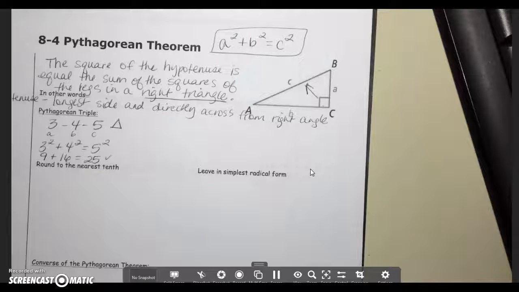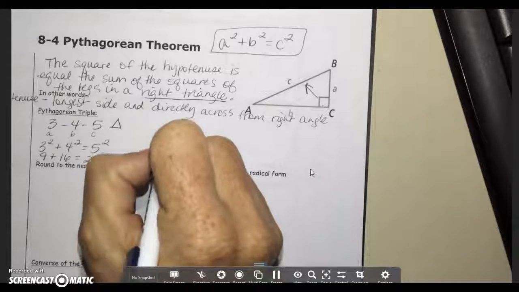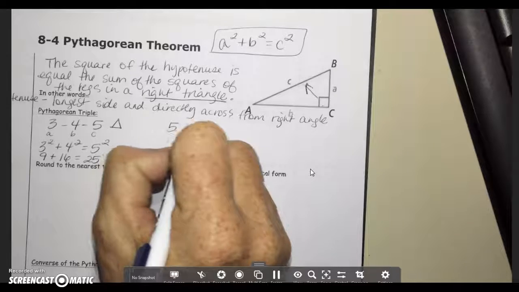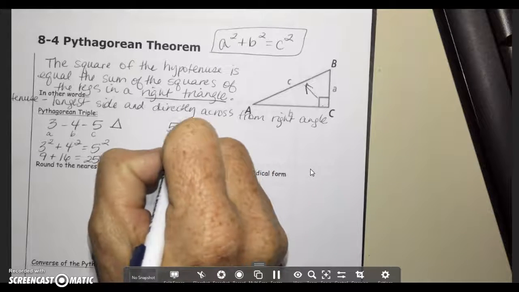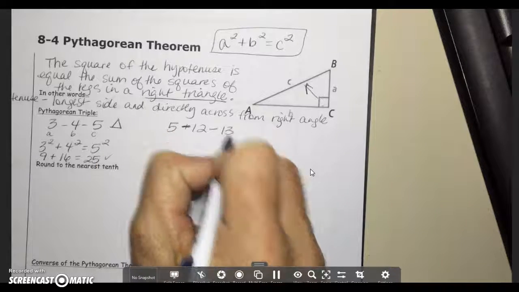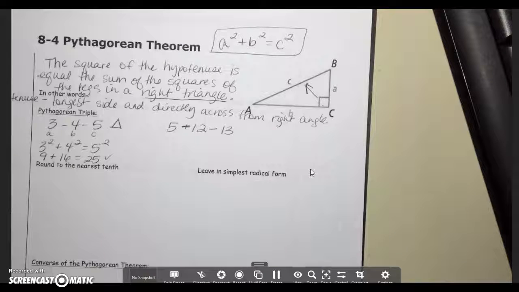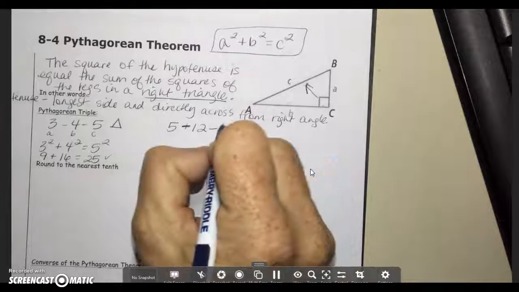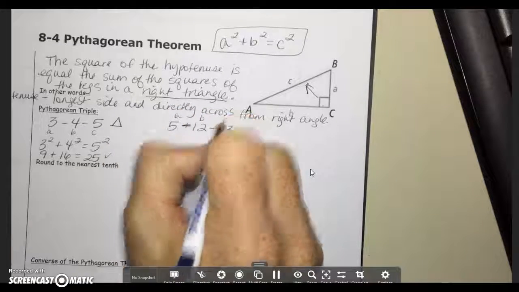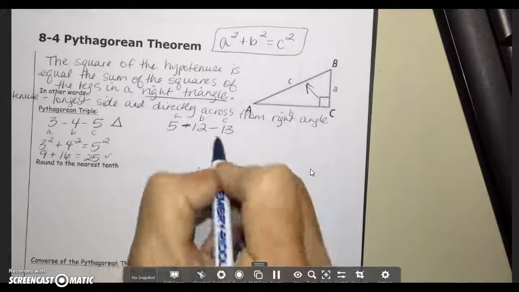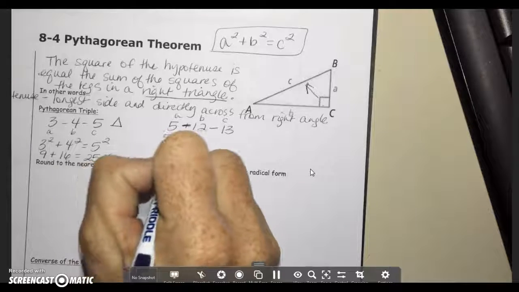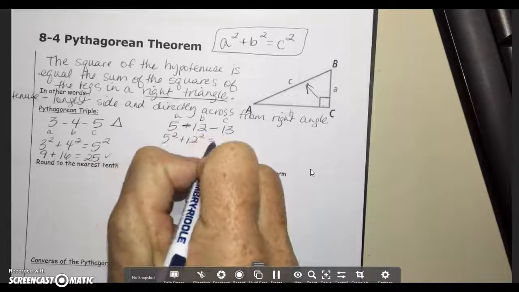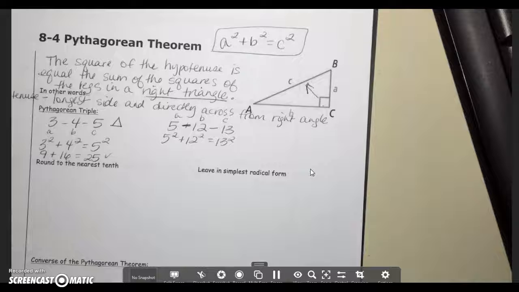Another Pythagorean triple you might see sometimes is a 5, 12, 13. Which one of those is the hypotenuse, Sean Benham? 13 would be your hypotenuse, right? So that's your A, B, and your C. So 5 squared plus 12 squared should equal 13 squared.